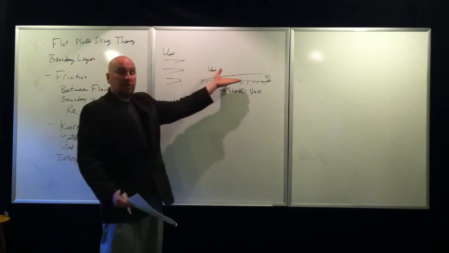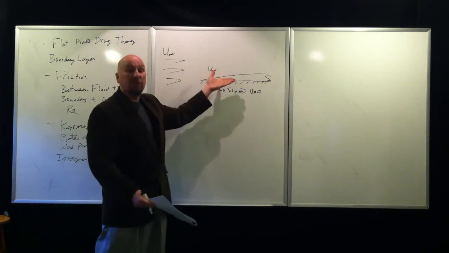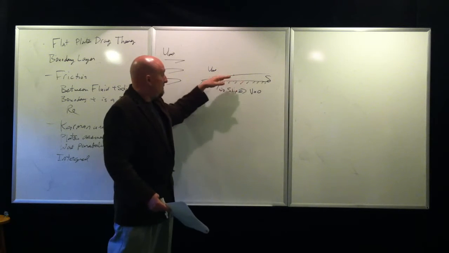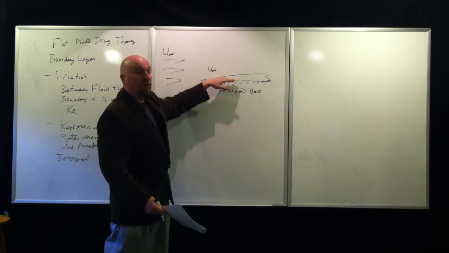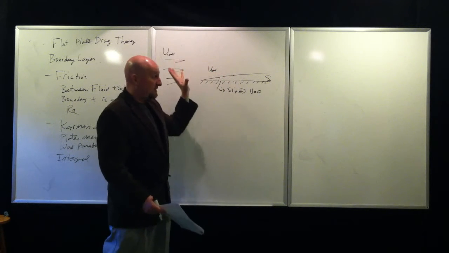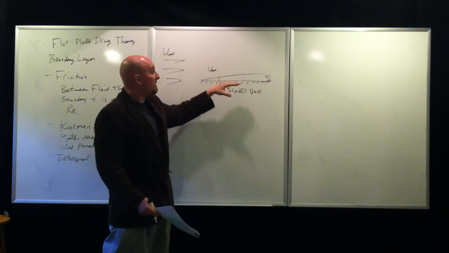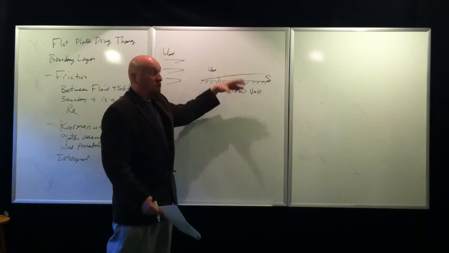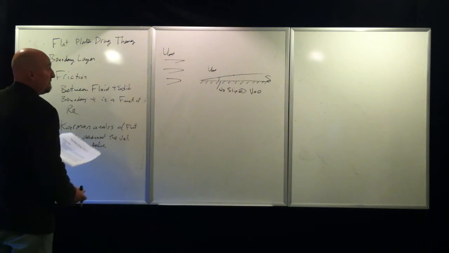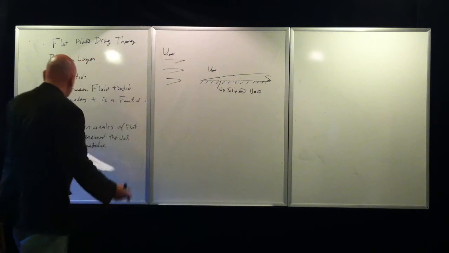Once you have the function, you can perform calculus or integral methods to come up with all the different variations of velocity that are going to result in shear stresses, which again, that's going to be beyond the scope of this class. Add up all those shear stresses to come up with a coefficient or a total force that's going to be acting on your flat plate.